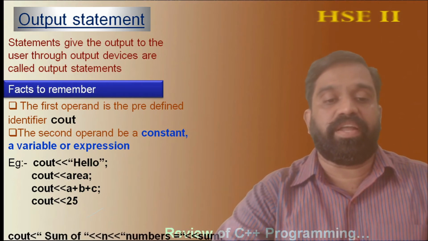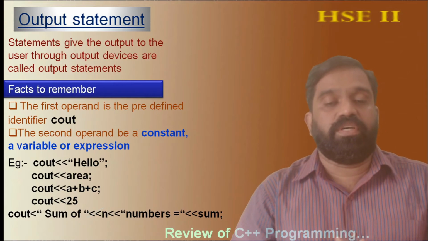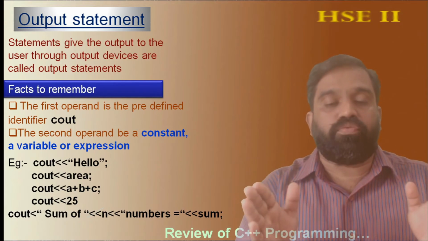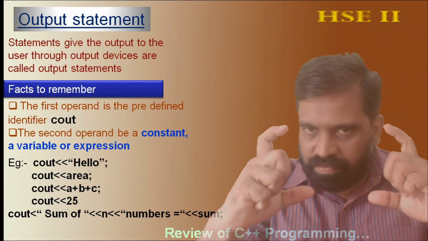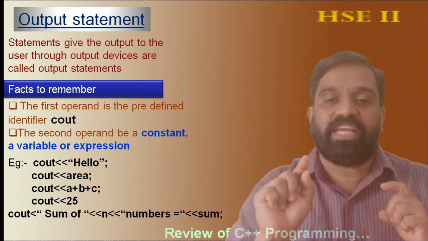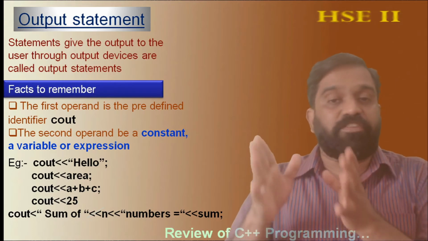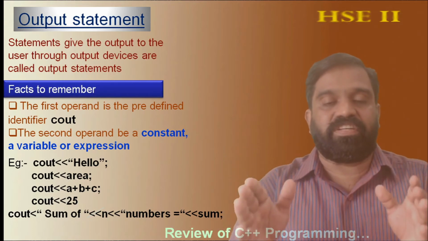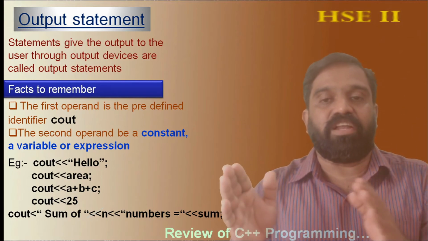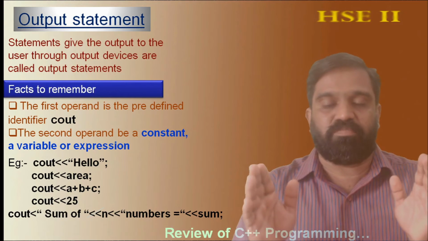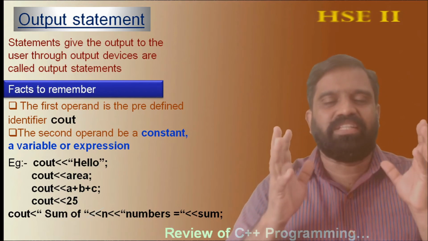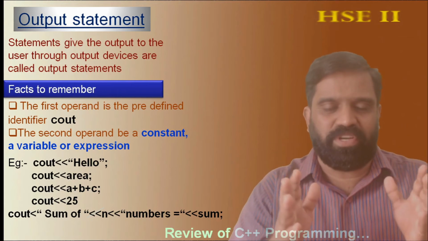Another important flavor is cout: the string constant "sum of" will be displayed first. Thereafter n, the value stored in n, will be displayed. Thereafter again the string constant "numbers equal to" will be displayed. Thereafter the value that is there in SUM will be displayed. So this is nothing but a method by which we can make the program more communicative.